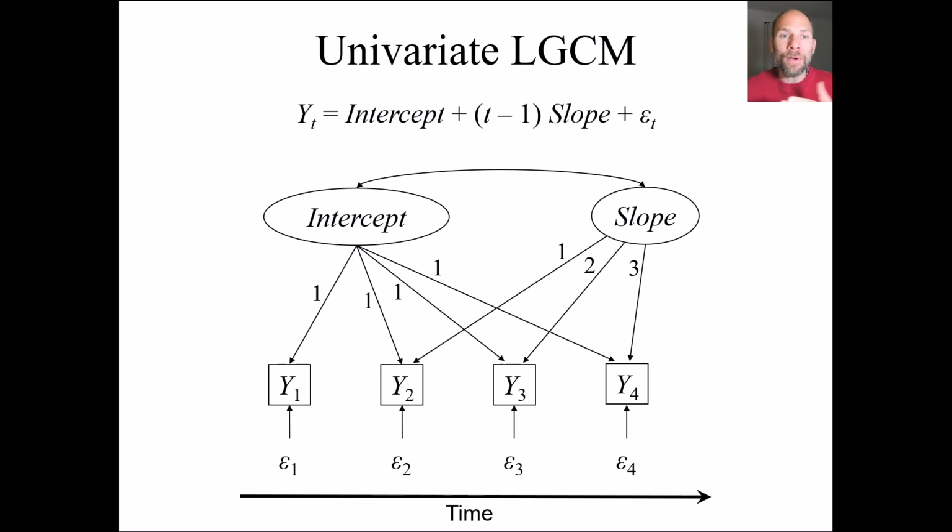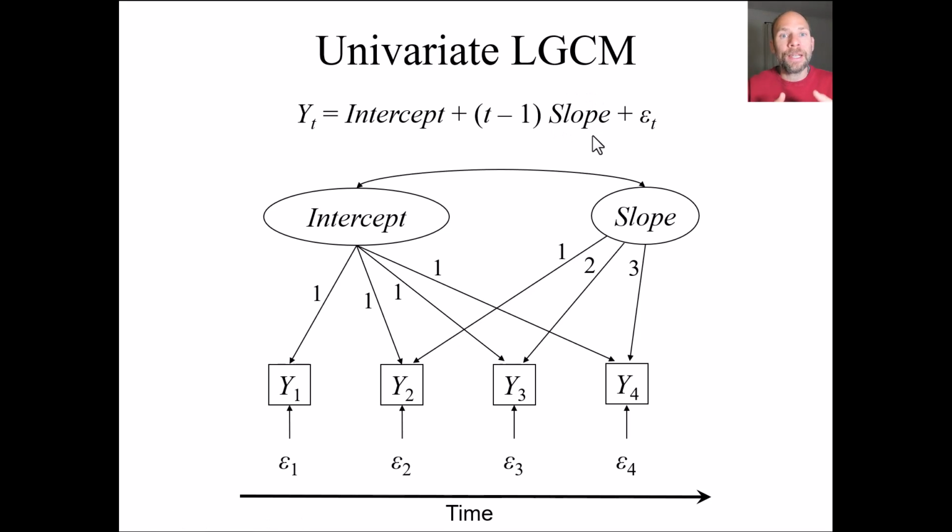So now, how can a model like this be specified as a multi-level or hierarchical linear model? The idea is that this is basically a regression equation with random coefficients, so it can be represented as a random coefficient regression where the intercept is a random coefficient that varies across individuals, and the slope is a random coefficient that varies across individuals.